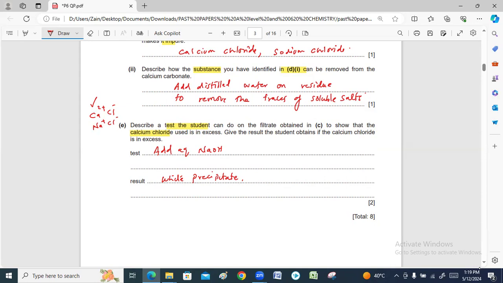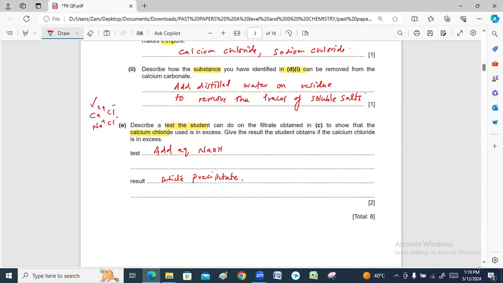So if only sodium chloride is the impurity, we will not get the white precipitate. So this proves that the calcium chloride is there. The calcium is producing the white precipitate with aqueous sodium hydroxide.